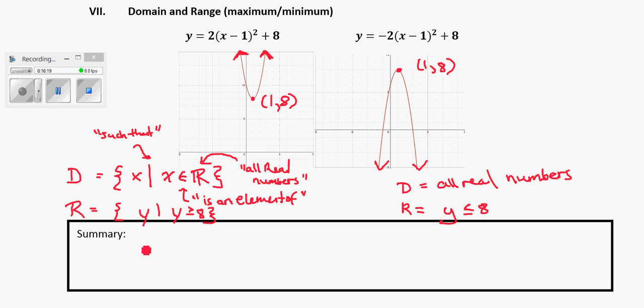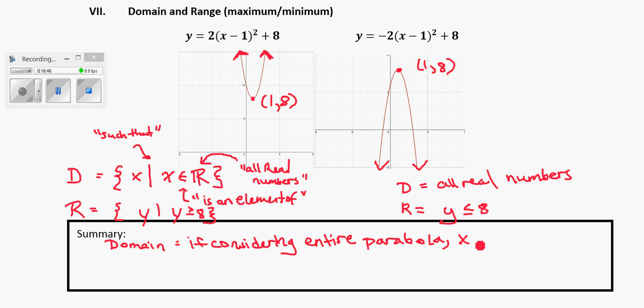So in summary, the domain's really easy. If we are considering the entire parabola, because sometimes the question might just be, especially in word problems, talking about a certain portion of the domain, but if we're considering the entire parabola, x is all real numbers.